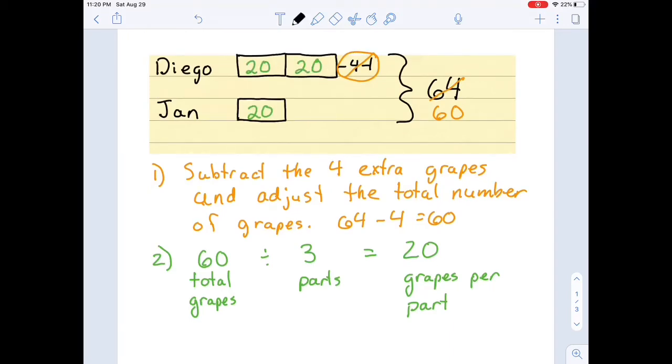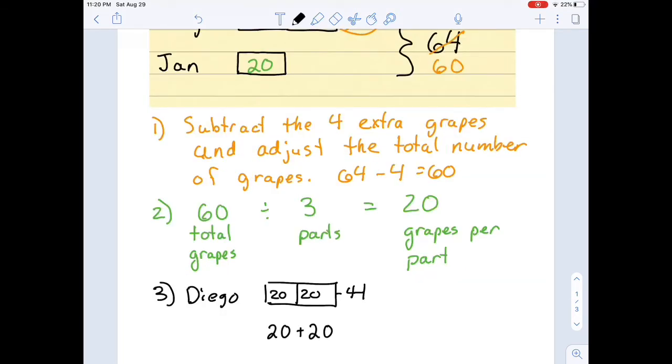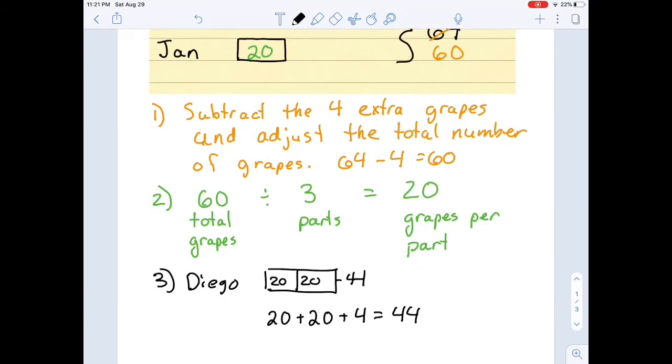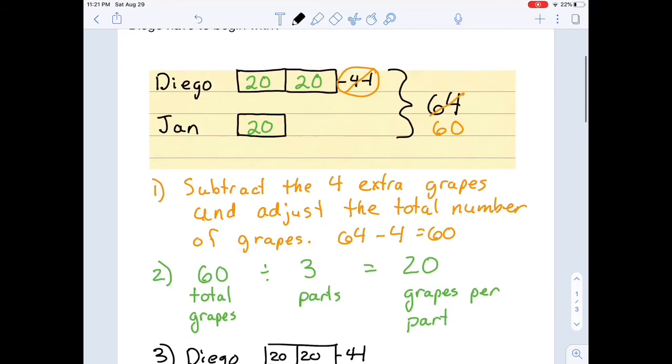Then it's a straightforward calculation to get to the answer. Diego had 44 grapes. Looking back, now I can double check.